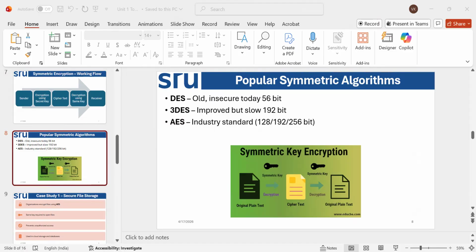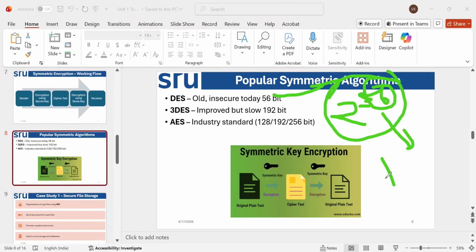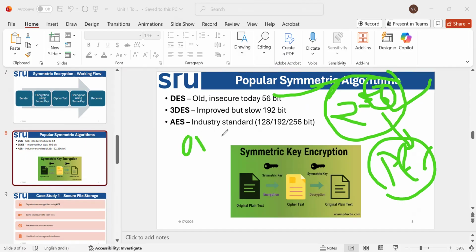It is a bit-oriented algorithm, and the key length is 56 bit. That means if somebody wants to do a brute force attack, they need 2 to the power 56 permutations and combinations to break the key. That is quite difficult but also easy. They can try 2 to the power 56 combinations of 0s and 1s.